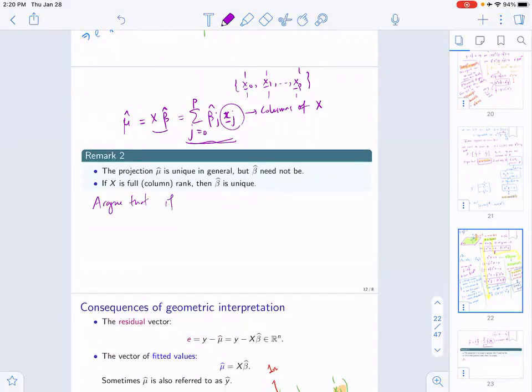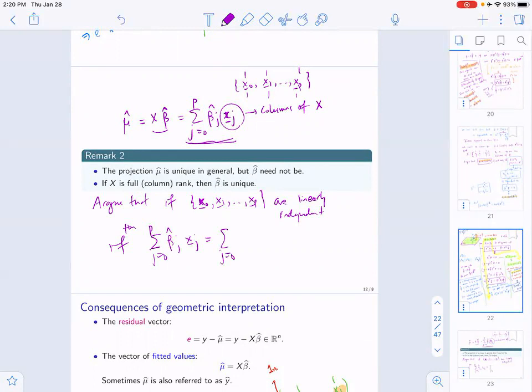Okay, so argue that if x0, x1 up to xp are linearly independent, then if I have the sum over j of beta hat j x j, let's say this combination, I can write it in two different ways.